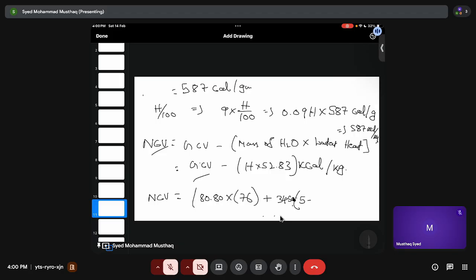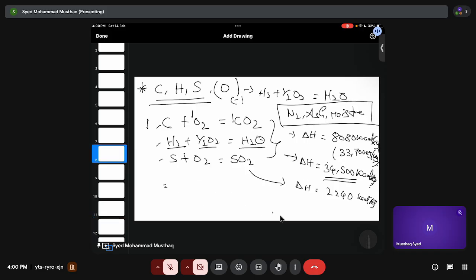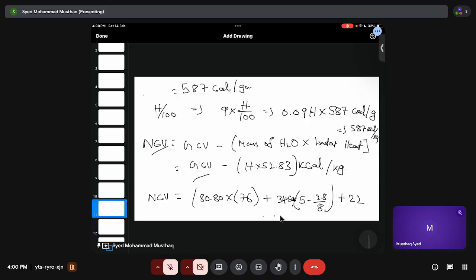So 5 minus 2.8 divided by 8, plus 22.4, the calorific value, times the percentage of S, that is 2%.